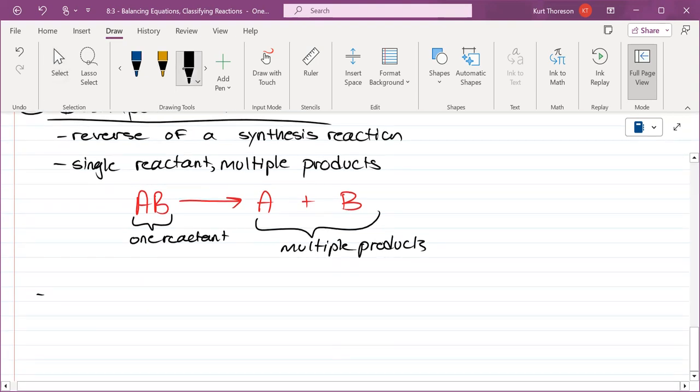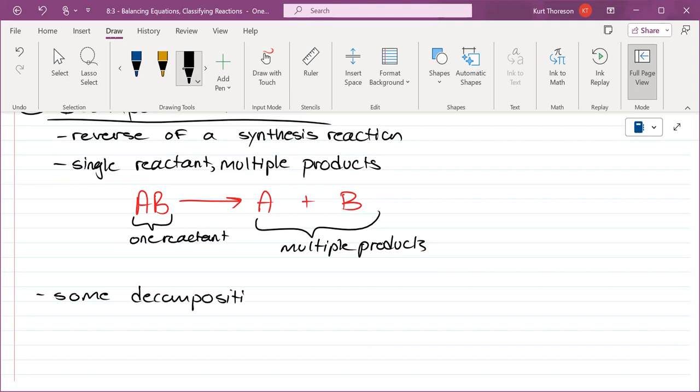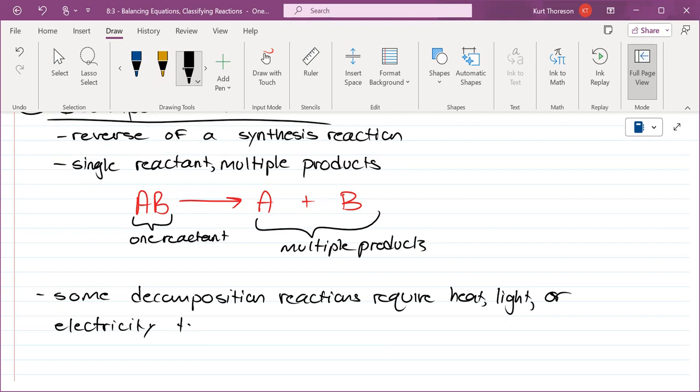And as an added little factoid, some decomposition reactions require heat, light, or electricity to occur.